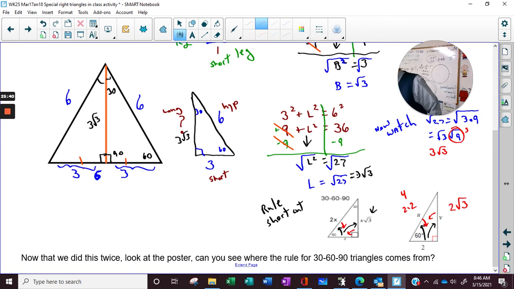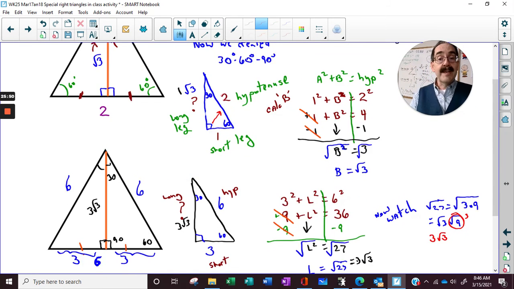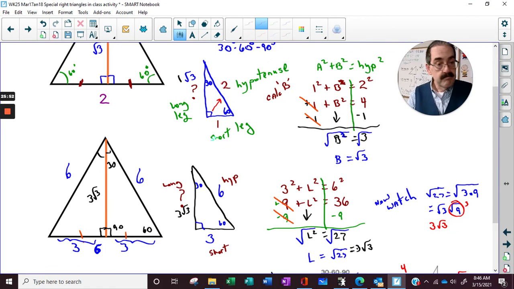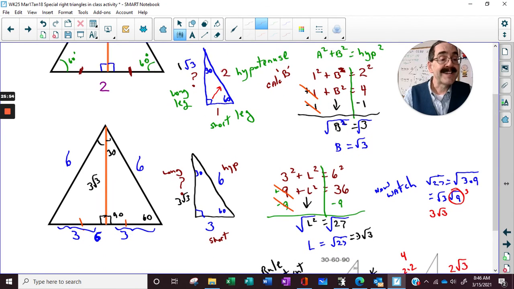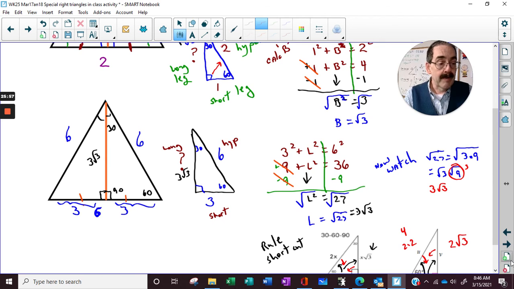Okay? And Mr. Miller's got those posters in the back of the room. He's got this little triangle that he's showing you. And you actually know this to be true because you did all this math. But from now on, we would like to not have to do all the math. All right? So, good luck. Enjoy this. We're going to spend like 2 weeks on these special right triangles.